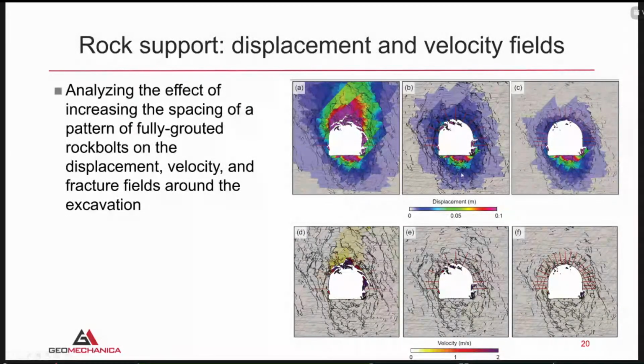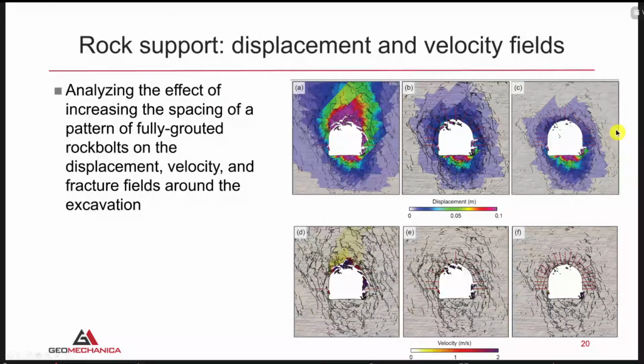You see the red zones, which are zones of higher displacements, are going down, and essentially when you have about 16 rock bolts here, which is on the two right-hand side pictures, the rock mass becomes globally stable. There are some local instabilities, bits and pieces of rock that are detaching and flying into the opening, but overall this excavation remains fairly stable.